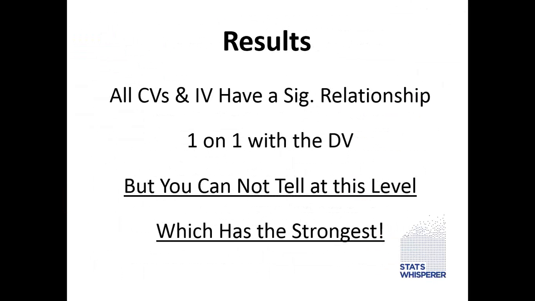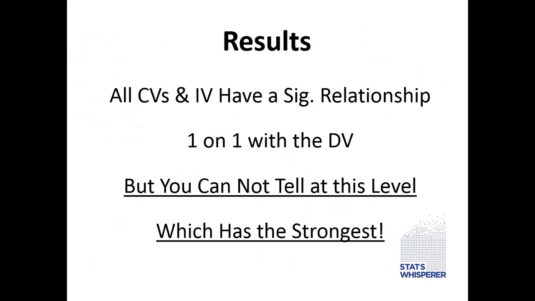And our results told us that all the covariate variables and the independent variable had a significant one-on-one relationship with the dependent variable happiness. But note here, you can't tell at this level which of those predictors has the strongest impact on happiness. You just know each one is associated with happiness.